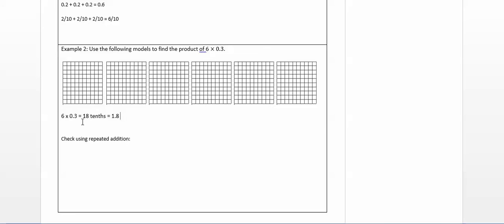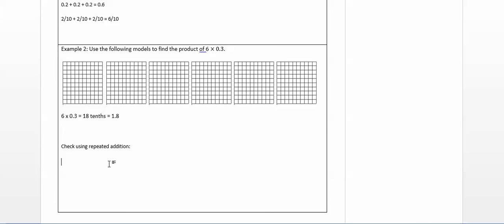Okay, we have to regroup when we have 18/10, because 10/10 makes 1 whole, so 18/10 makes 1 whole and 8/10 left over. This is why the fraction form is so helpful. 3/10 plus 3/10 plus 3/10 plus 3/10 plus 3/10 plus 3/10 is equal to 18/10, which is the same as 1 and 8/10.